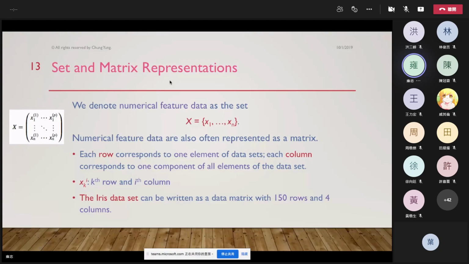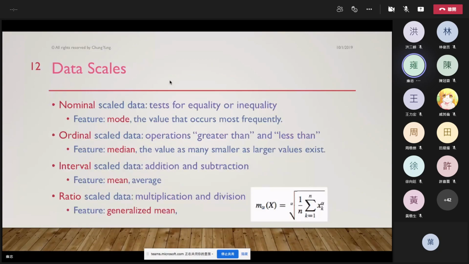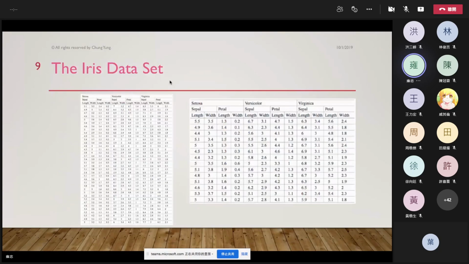The iris data set is just a simple data set with 150 rows and 4 columns. When I see this in the textbook, I wonder, because in the figure, we have 12 colors, but that's 4 different kinds of iris flower.